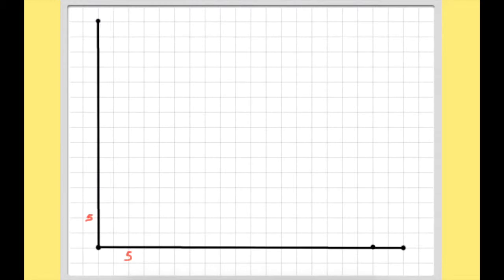That should be 45. And on the y-axis, my y-intercept was 30, so I've got to count my way up to 30. Right about here.